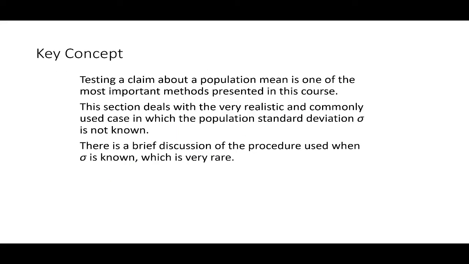In this particular section we test a claim about a population mean, and this is one of the most important topics presented in this course. There are two ways we're going to see. One is when the standard deviation for the population is not known, which is the standard way, and sometimes the standard deviation is known, which is very rare.